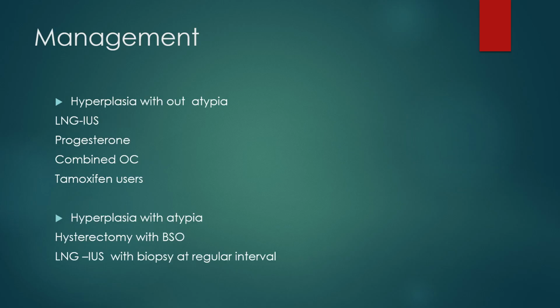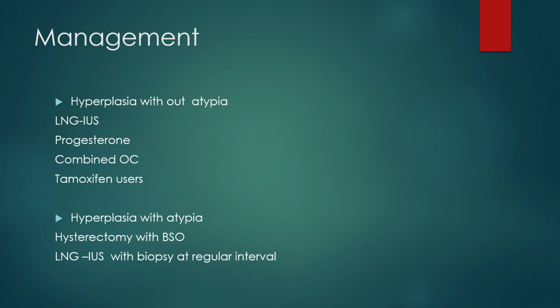Histopathologically, hyperplasia can be of two types, with atypia and without atypia. With hyperplasia alone, there may be plenty of glands arranged in a crowded fashion or back to back. Stroma may be abundant or scanty depending upon the severity of hyperplasia.